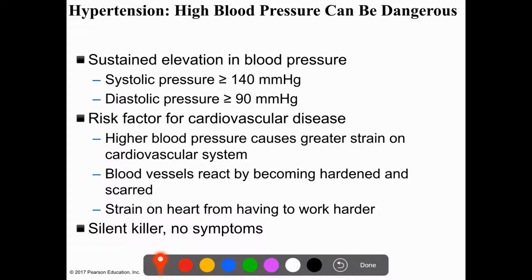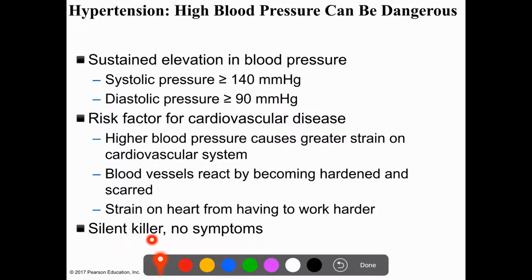In this case, blood vessels react by becoming hardened and scarred, and the heart has to work harder and harder to push blood along these blood vessels. In this case, we will have high systolic pressure, more than 140, and high diastolic pressure, more than 90 millimeters of mercury.